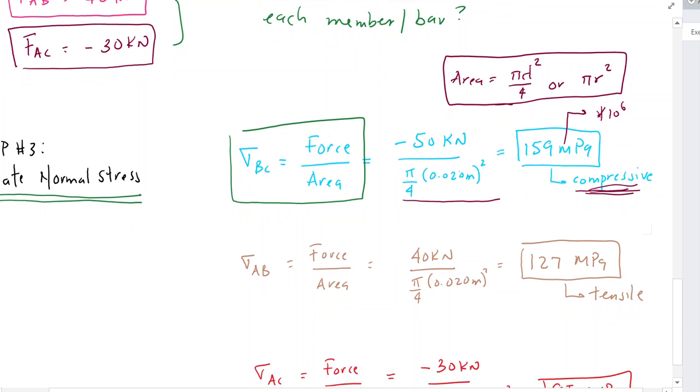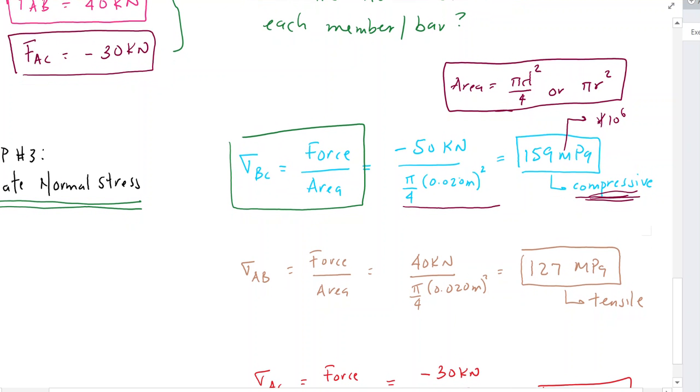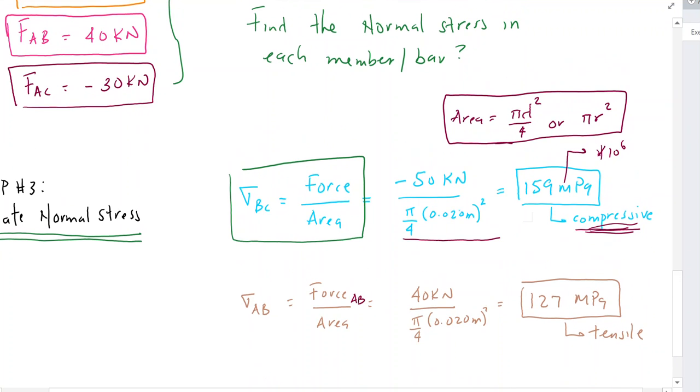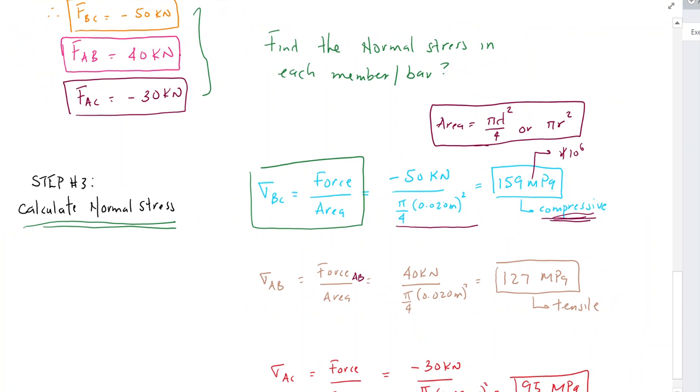Now the next step is, what about AB? So I know the force in AB. We found that from our method of joints, and that's 40 kilonewtons, as you can see here. That will be divided by the same area, which gives you 127 megapascals, and that's tensile because our force is in tension.